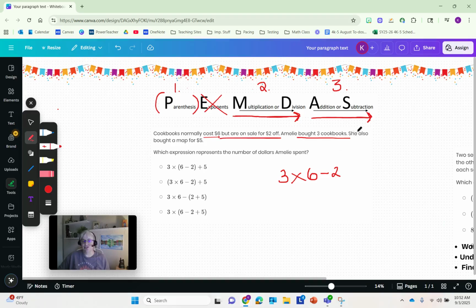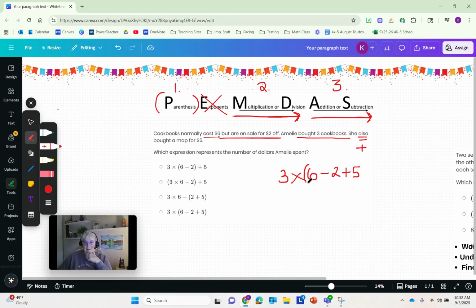Next sentence says she also bought a map for $5. Also is a keyword, kind of like and. She also bought a map. When I see that, I know we're adding. So we need to add $5. But wait a minute, we need something because she bought 3 cookbooks and each cookbook is 6 minus 2.